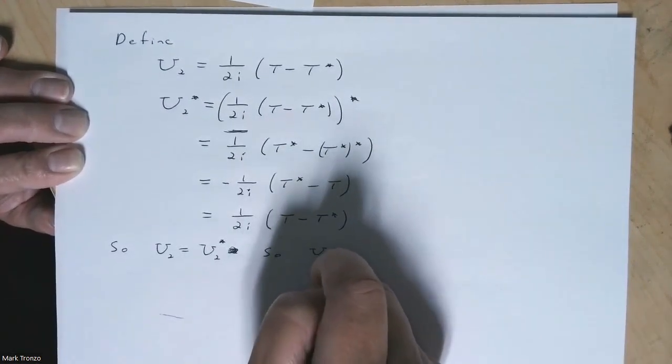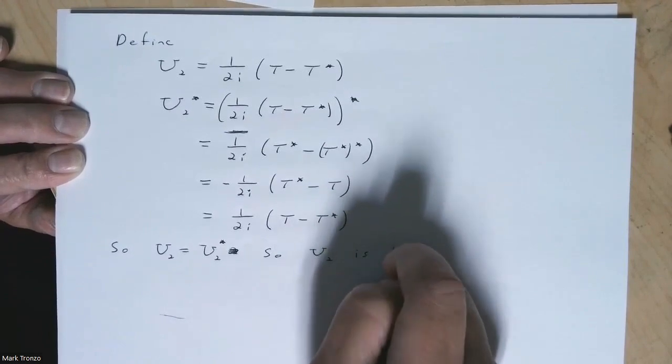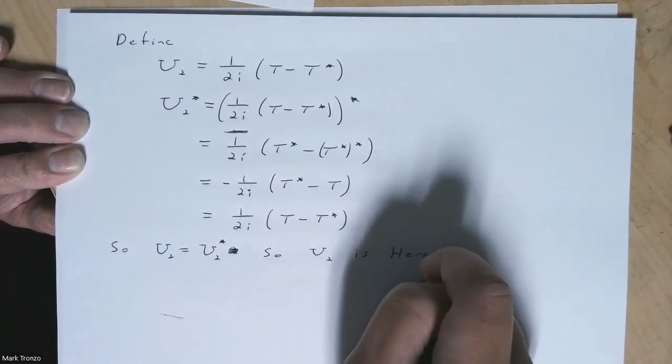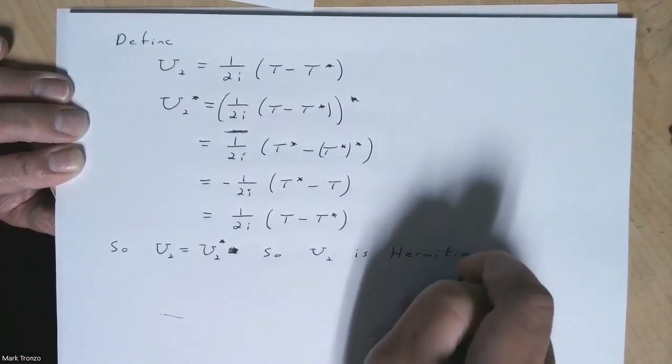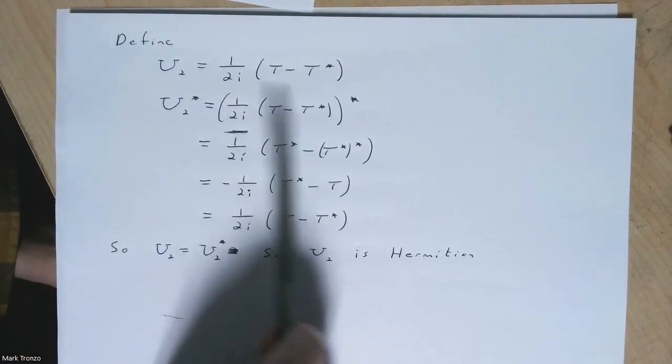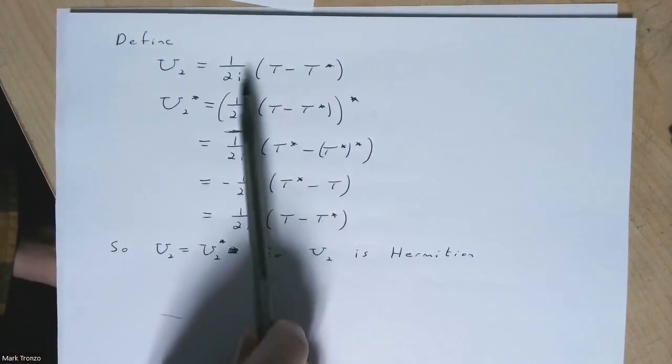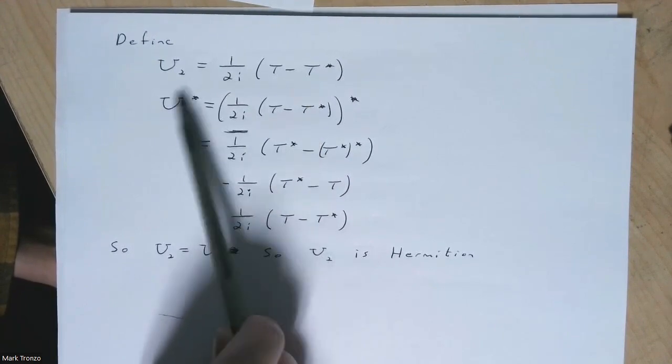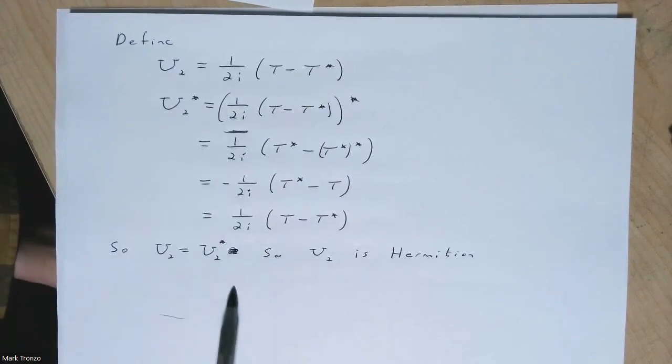So u2 is Hermitian. That's another way that you can get a Hermitian matrix or operator. It could be a matrix, or just a linear operator, by defining it this way.